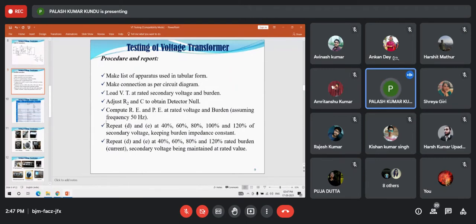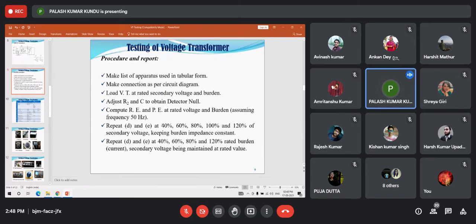The procedure tells, first of all, because there is a rated voltage at the secondary, keeping the secondary voltage at 40%, 60%, 80%, 100%, and under the Wallace condition 120%, keeping the burden constant, we have to vary the secondary voltage.